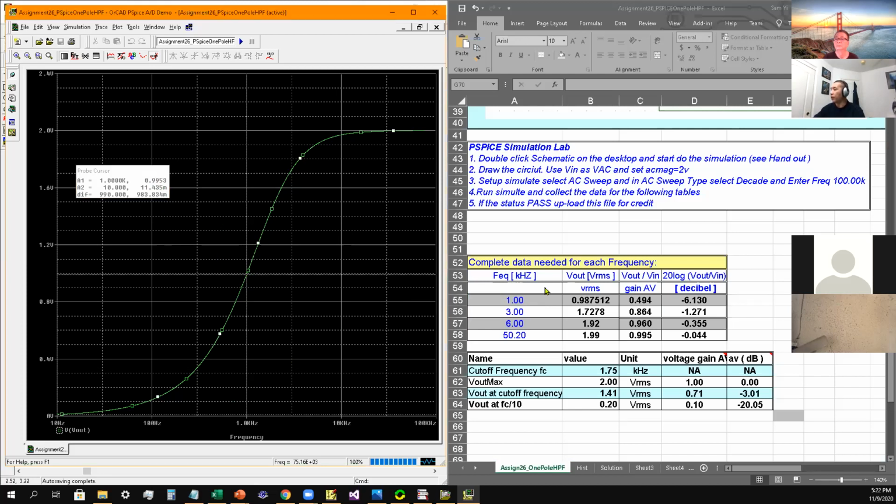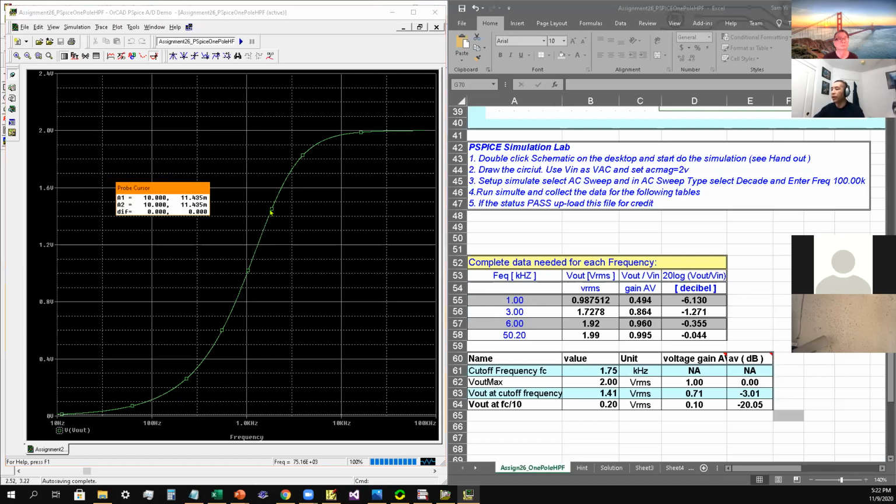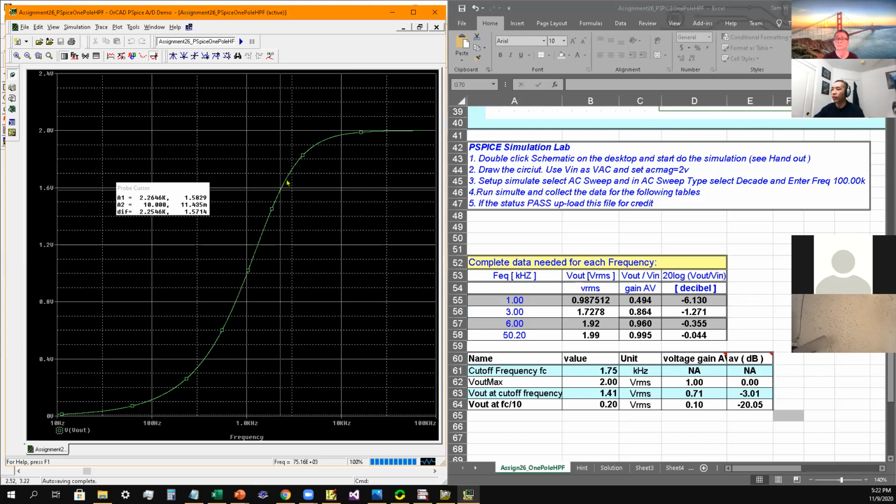All right, so if I look at 3 kilohertz, it's getting close to the maximum. So 3 kilohertz would be there, and then the output is about 1.7297.